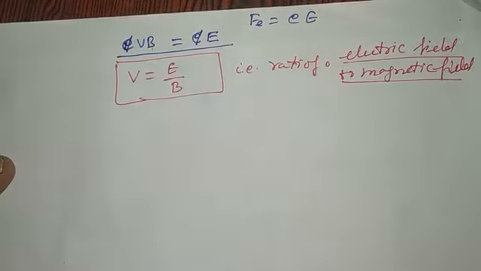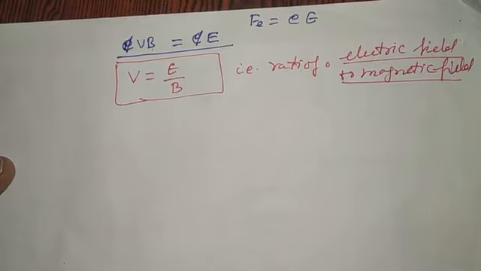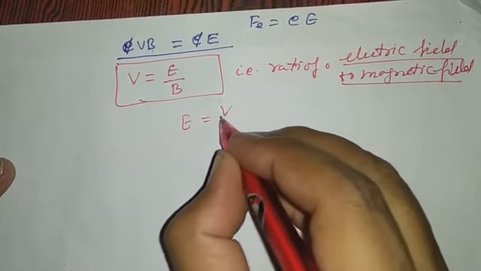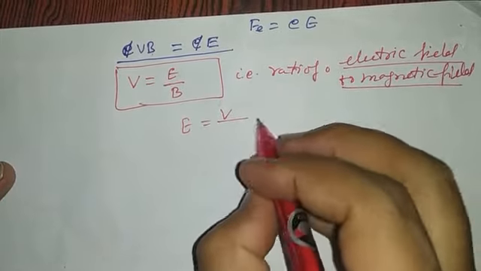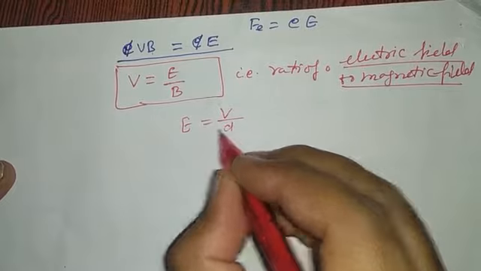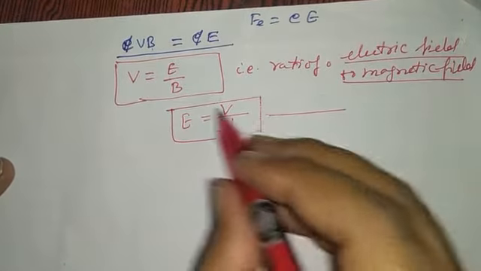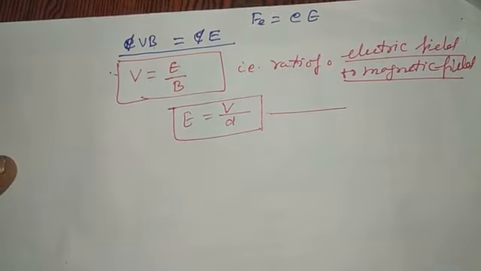We know the electric field is the ratio of the potential difference applied for maintaining the electric field to the distance between the plates.